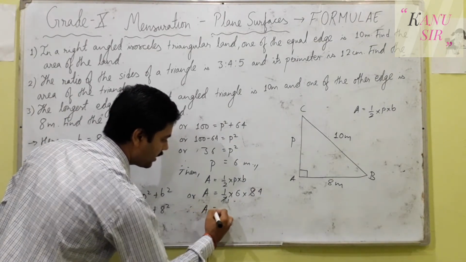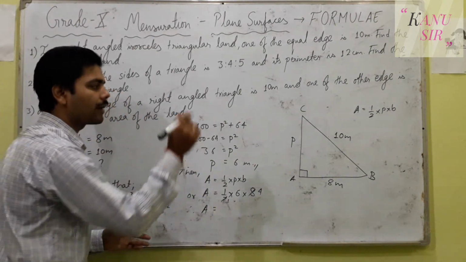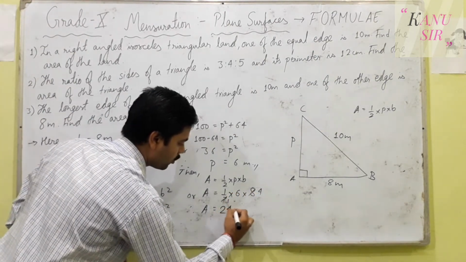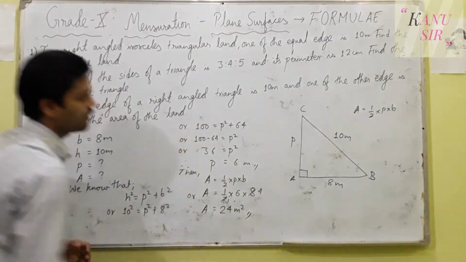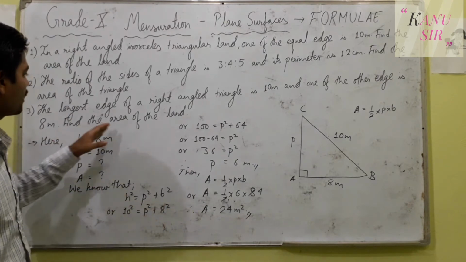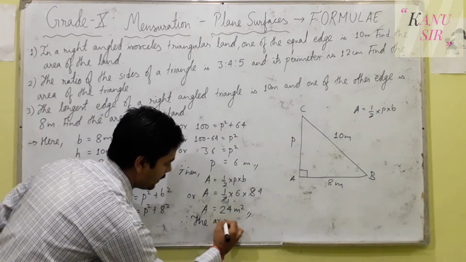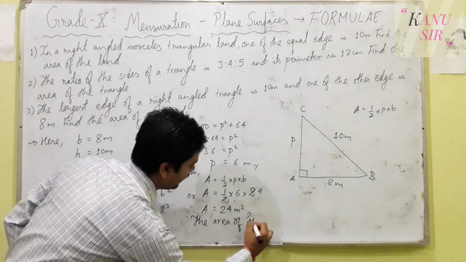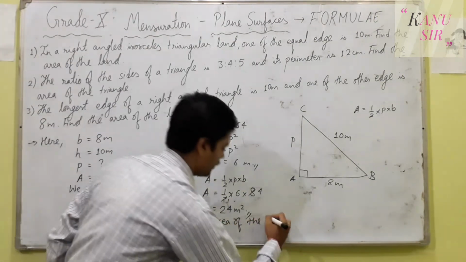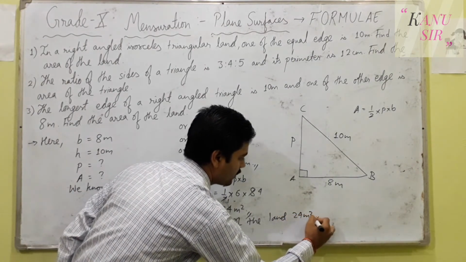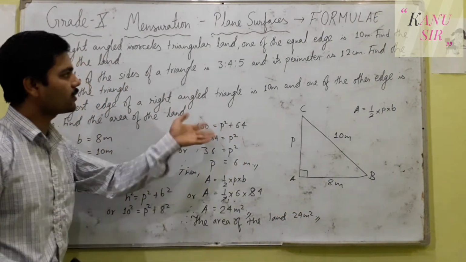Therefore, the value of A, the area of the right angle triangle, will be 6 times 4 is 24 meter square. And you can write in the statement as well: therefore, the area of the lane is 24 meter square.